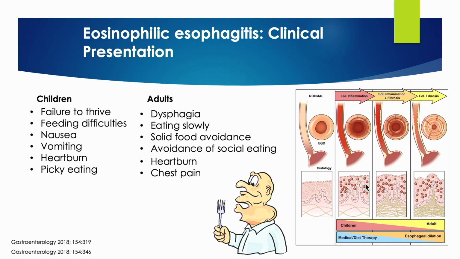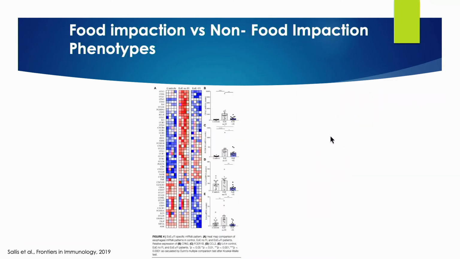And the hope is that if we intervene early on, then we could prevent these complications. Children tend to present more earlier in the inflammatory phase, whereas adults are thought to present more in the fibrostenotic phase.